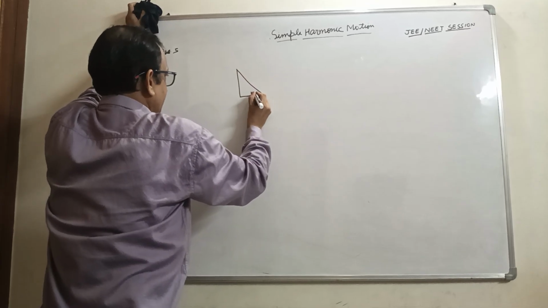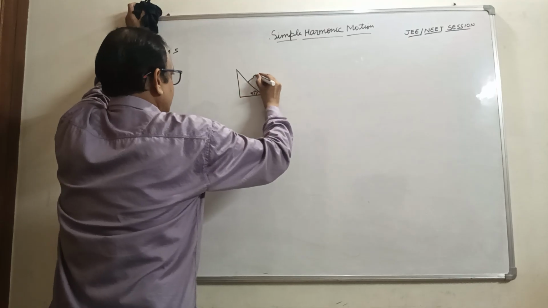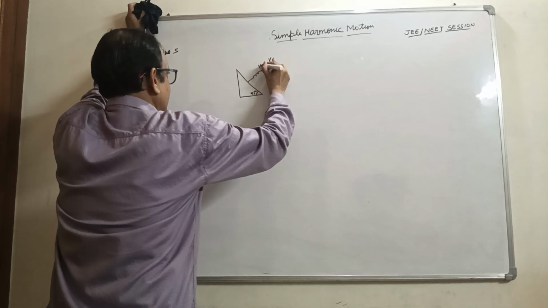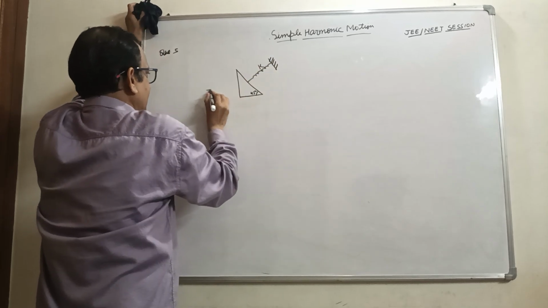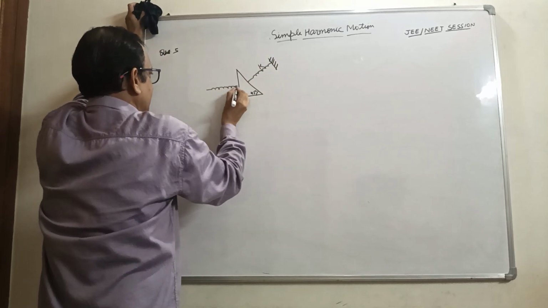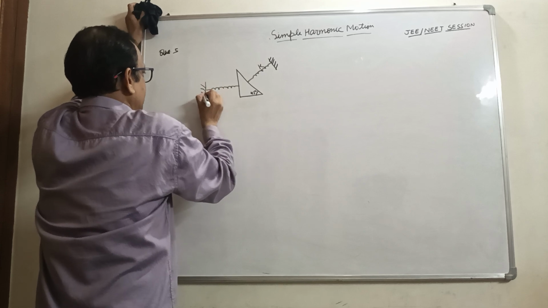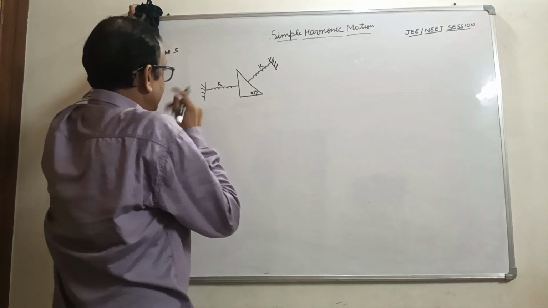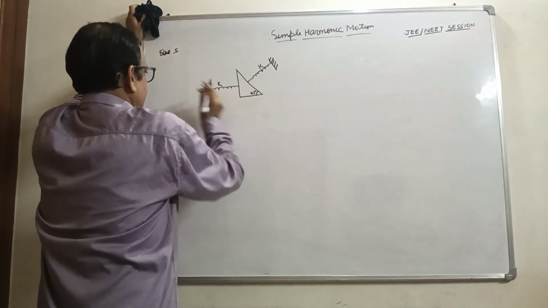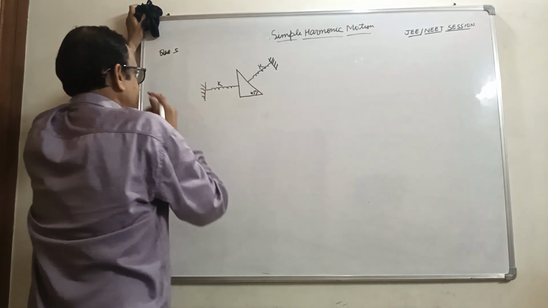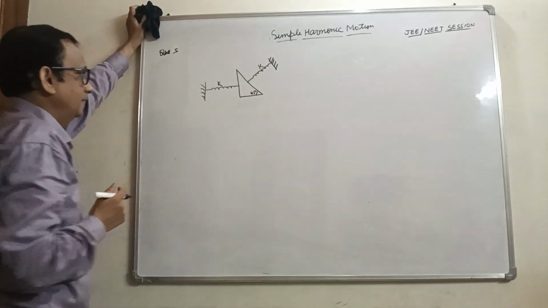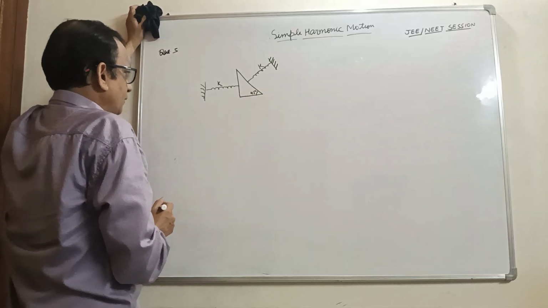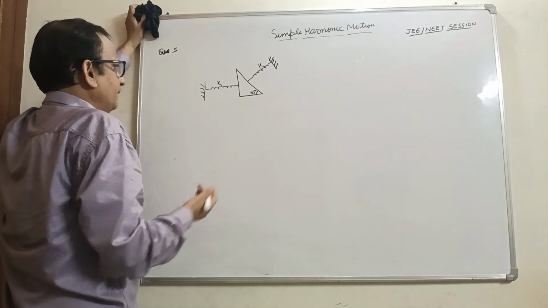Suppose this angle is 45 degree, and here the spring is attached, having spring constant K, and this spring also has spring constant K. We have to find the amplitude of the displacement.